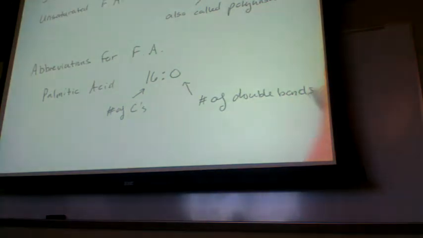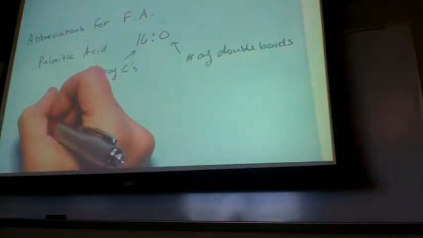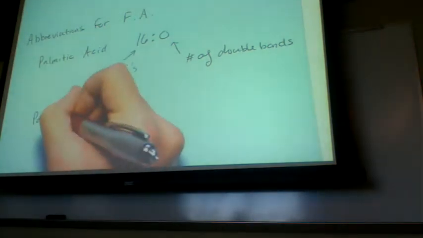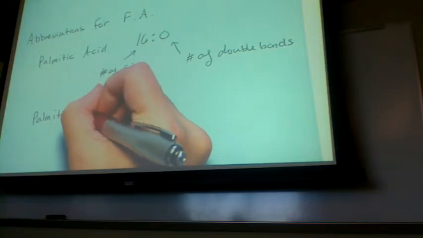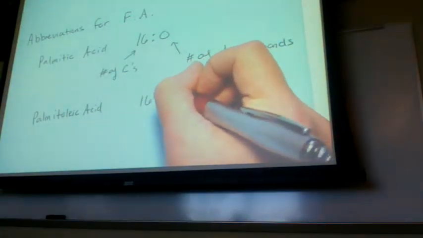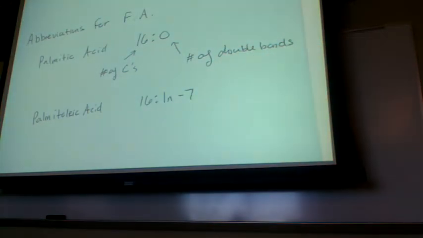But since it's saturated, we have 0 for palmitic acid. Palmitoleic acid is a 16:1 n minus 7.